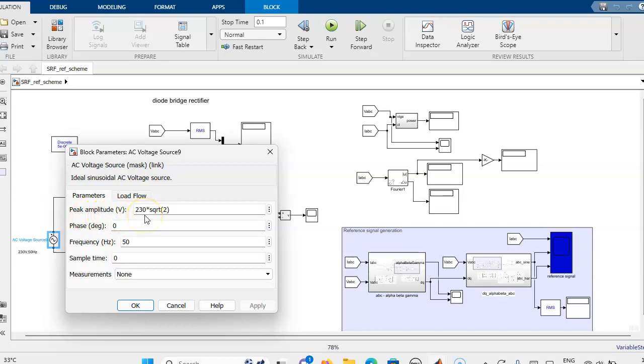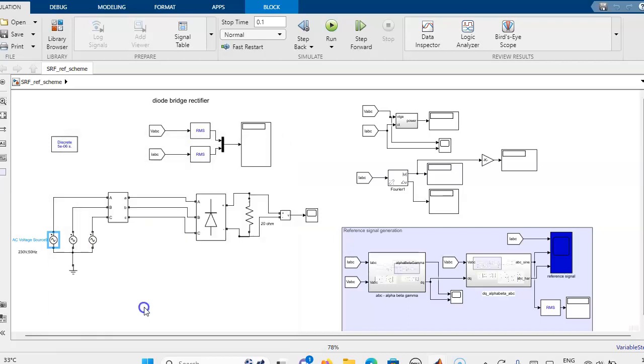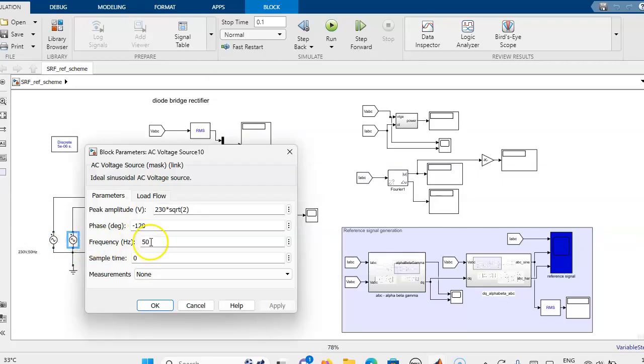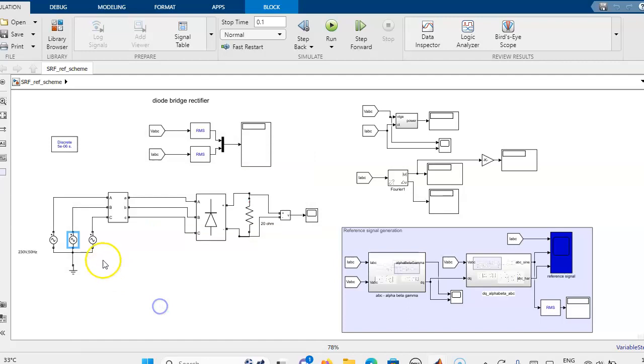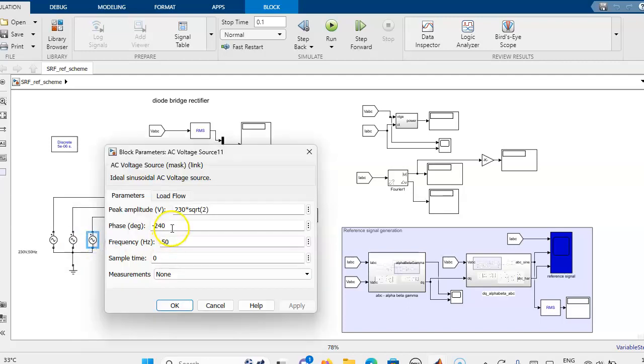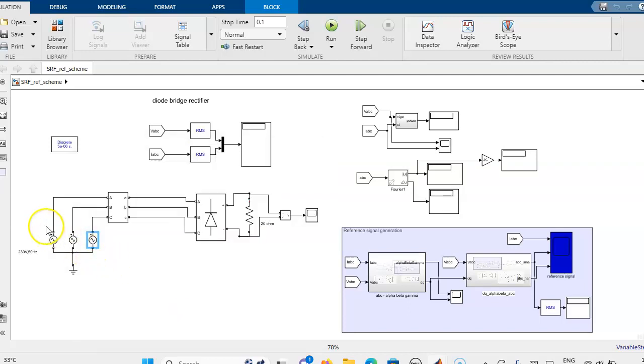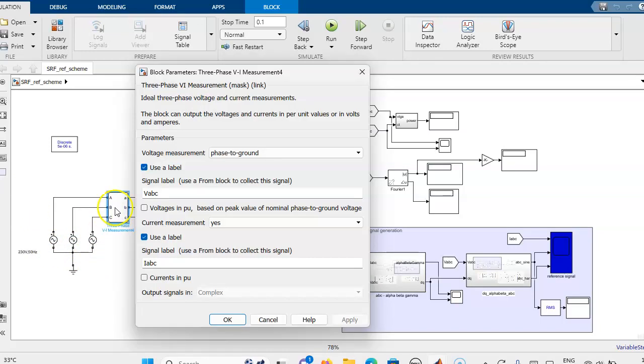The single phase voltage is 230 volt RMS, so the peak amplitude is 230 into root 2 and frequency is 50 hertz. Then the Y phase amplitude is the same voltage but the phase angle is minus 120 degree, and the B phase is minus 240 degree. Then this three-phase supply is connected to a voltage measurement block.